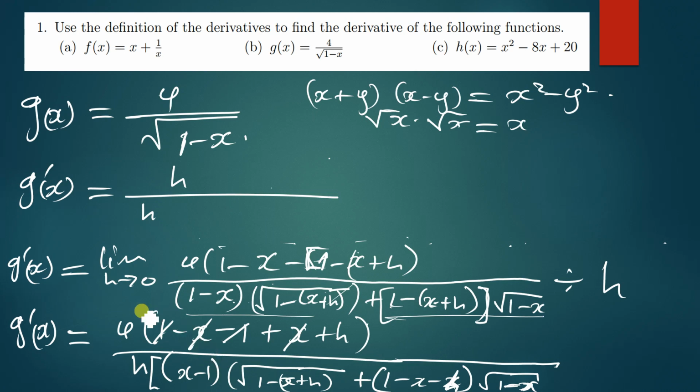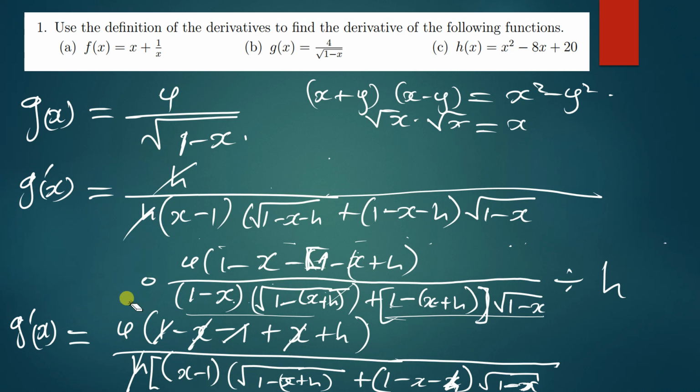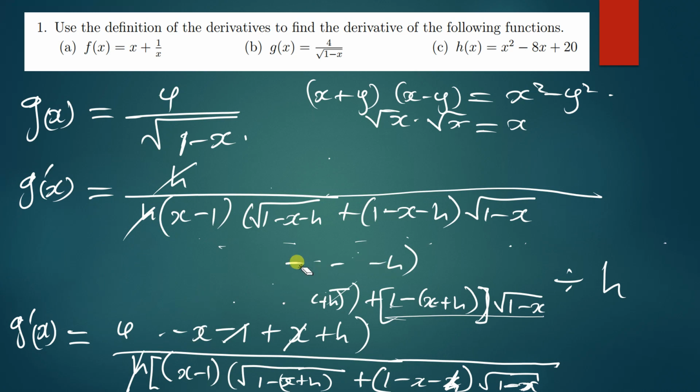But this h which is down will cancel with that h. Anyway, let me just write what I'm trying to say here. So we have x minus 1, and then the root of 1 minus x minus h, plus 1 minus x minus h, root 1 minus x. So this h and that h will cancel, so that you just remain with what I'm going to write here.